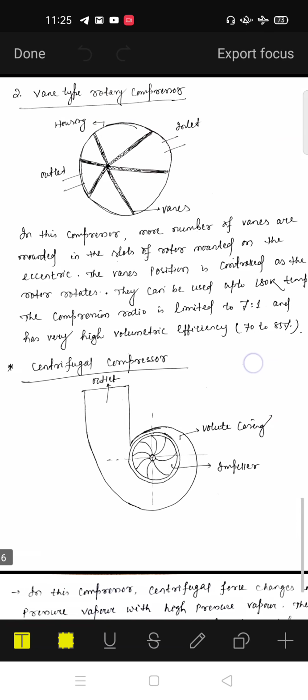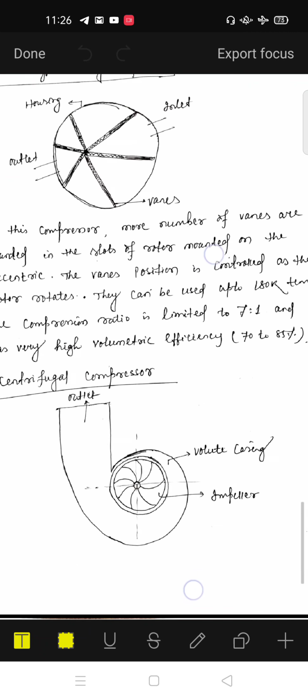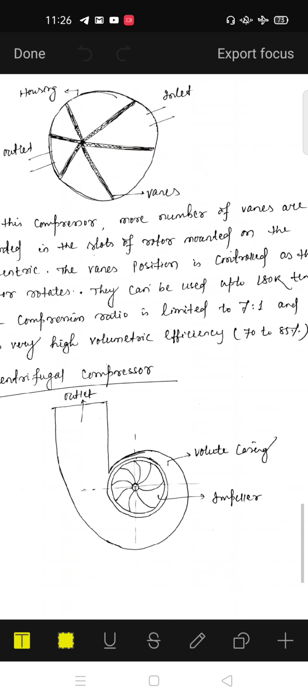Next, see the centrifugal compressor. So this is the diagram of the centrifugal compressor. Students, you have already gone through the centrifugal pump in your hydraulic machines. There is no difference between compressor and pump. Pump means it will deal with water, and compressor means it will deal with air. And here air means refrigerant vapor.